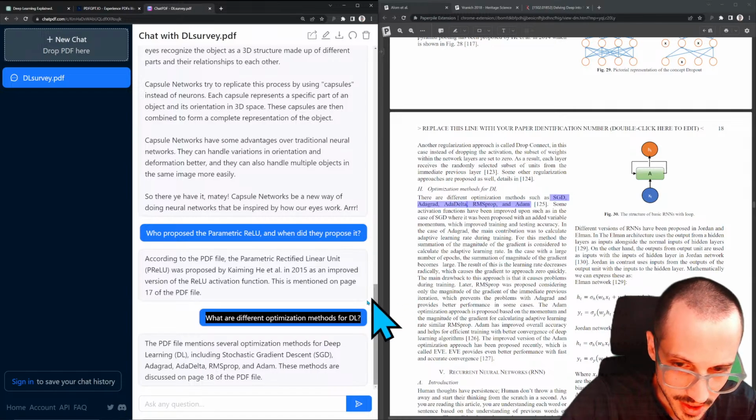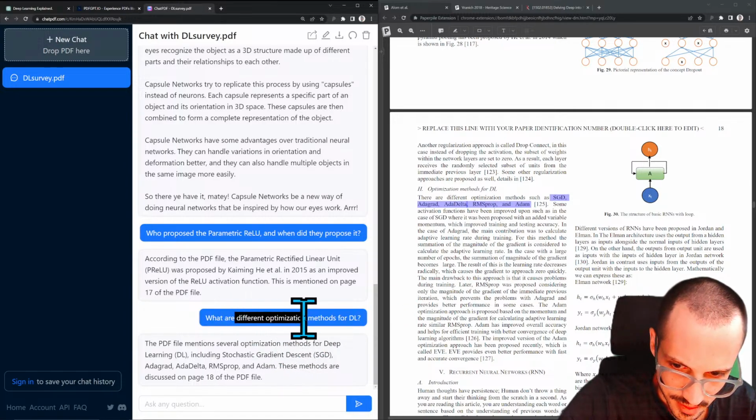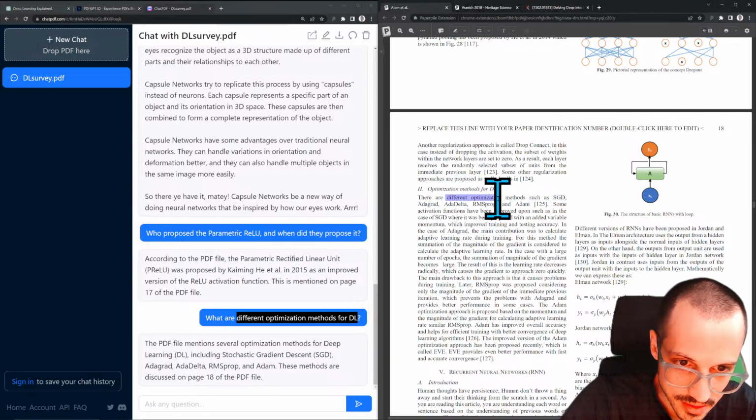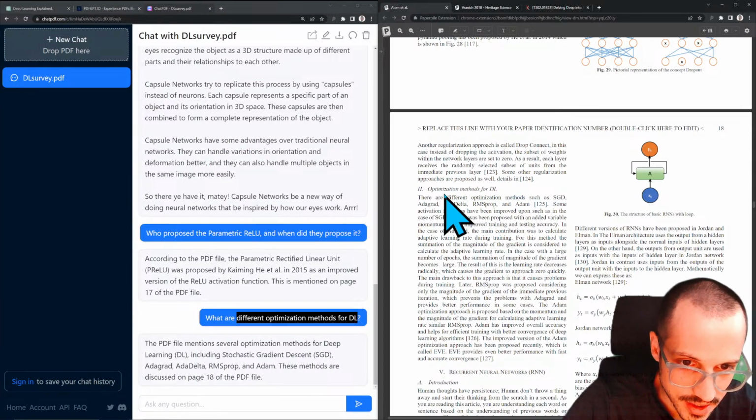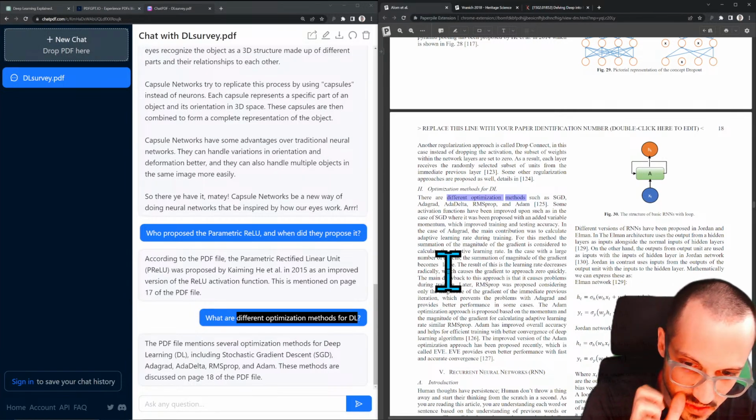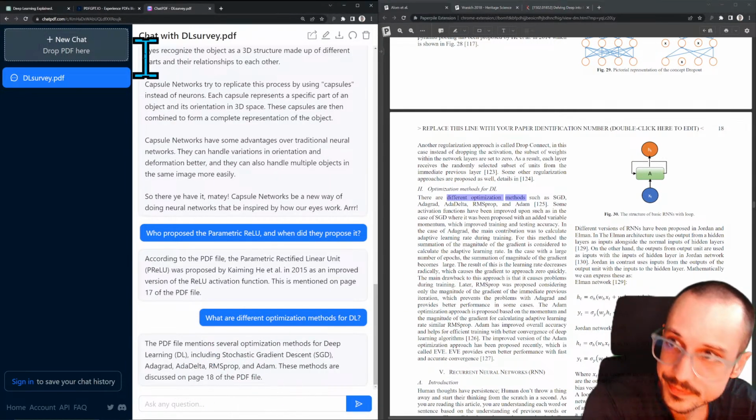And obviously, different optimization methods for DL, this exact set of tokens is right here. Different optimization methods. So ChatPDF found the part in the text that has the highest similarity, that exact set of words, and it says page 18.